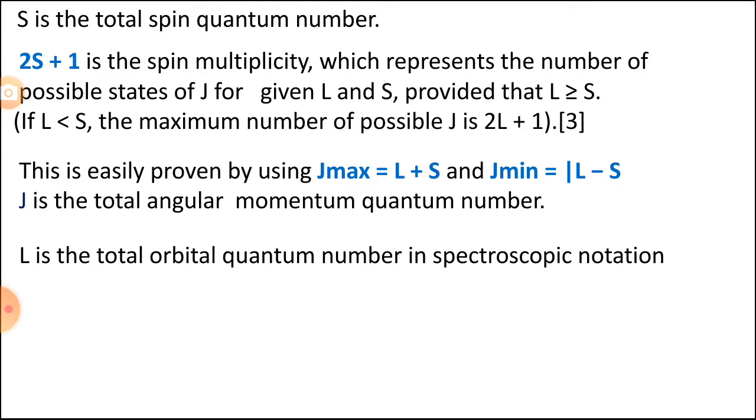This is easily proven by using J max equal to L plus S and J minimum equal to L minus S. So what is J max and what is J minimum?